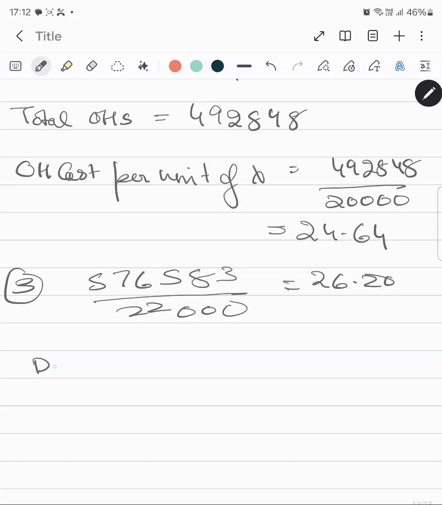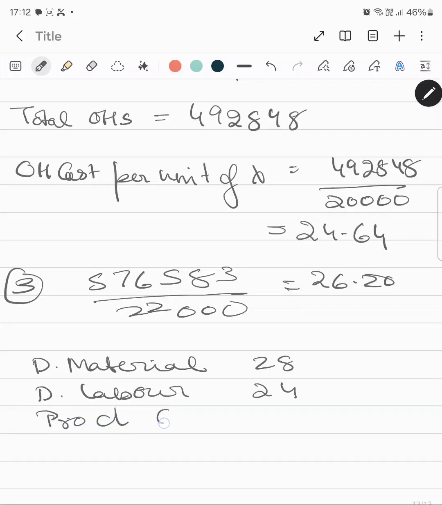So the direct material was 28, direct labor is 24, and overheads is 26.2. So 24 plus 28 plus 26.2, which is 78.2.